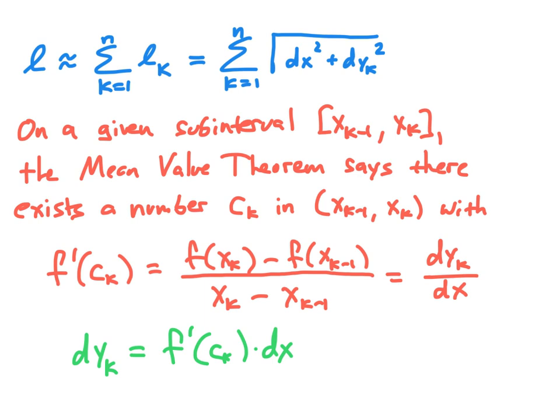And now we can substitute this back into our expression for dy sub k, and we're going to end up with just dx again instead of a dy sub k.